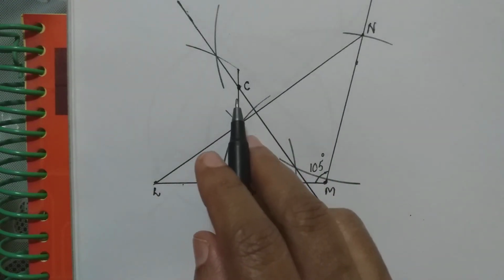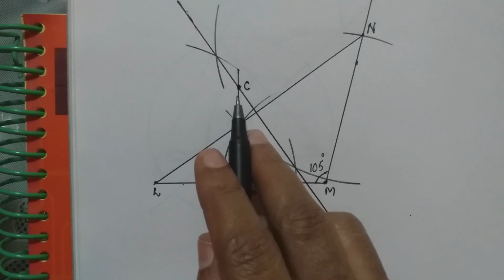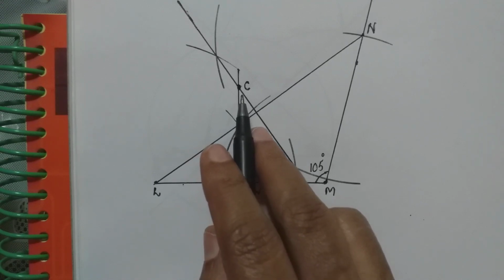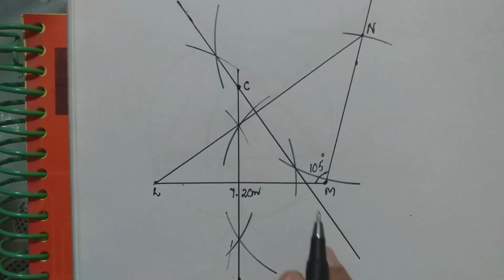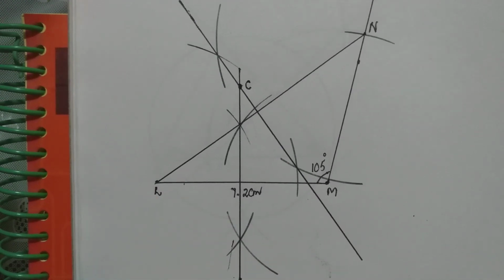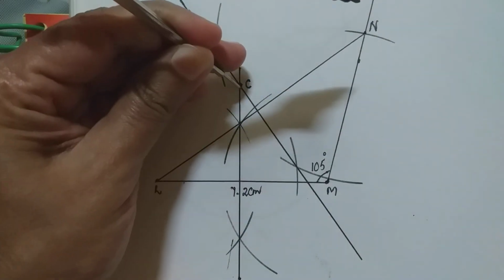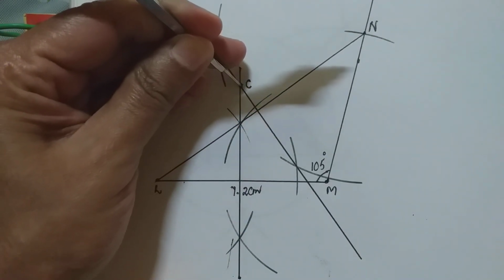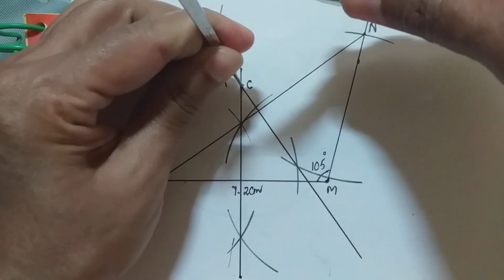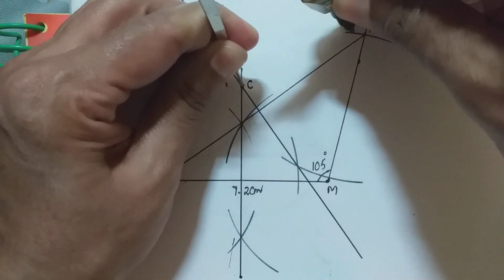Now we will keep the point of the compass at this circumcenter and find the distance to the vertices. So keeping the point of the compass at C, we see the distance to the vertex N first.